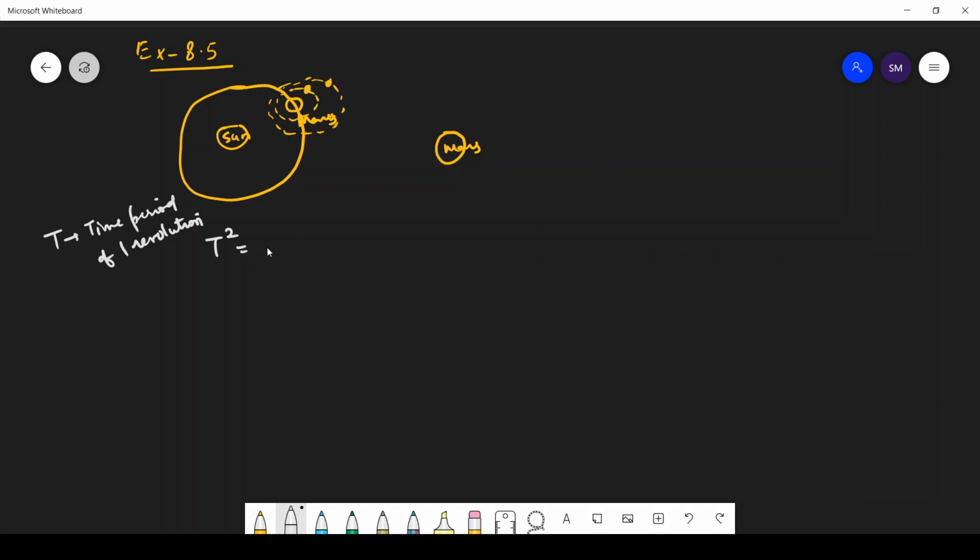Now what is this formula? T square is equal to, this is equation 8.38, T square is equal to K into (RE plus H). So students, whenever you have the formula, you must have the figure in your mind. What is this T, what is this RE plus H?